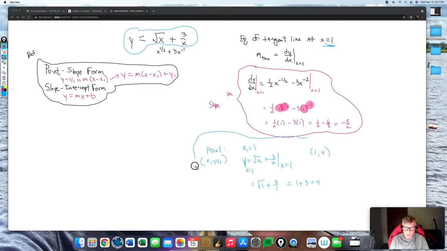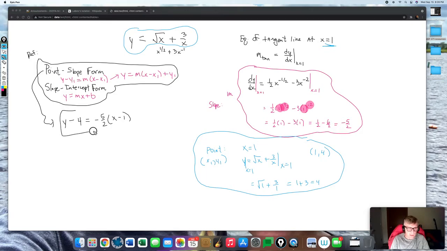Okay, so now that we've got all that stuff, we can find, I'll use the point slope version. I'm going to say y minus y1, remember we just found out to be 4, right, equals the slope, which we found out to be negative 5/2 times x minus 1. Okay, so this is a perfectly acceptable answer. It works.